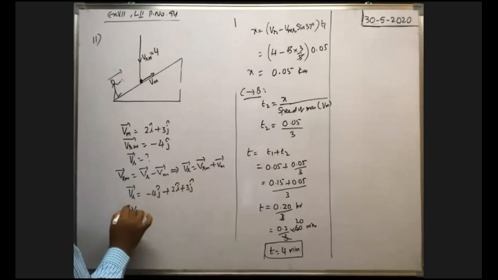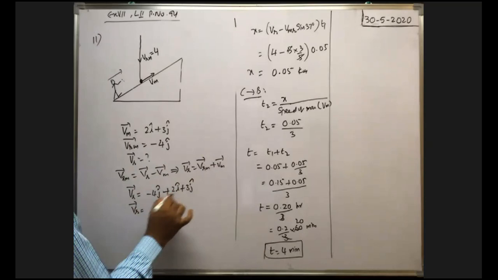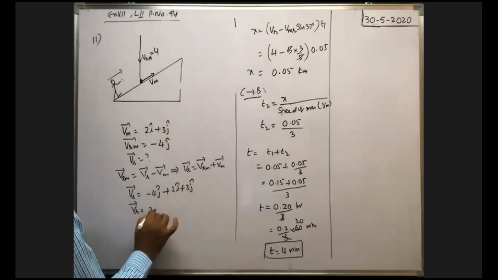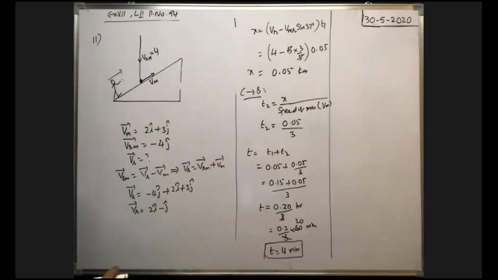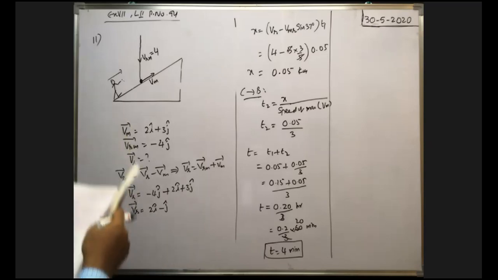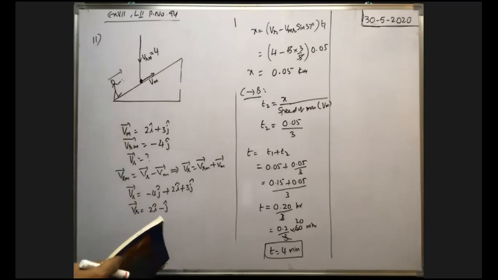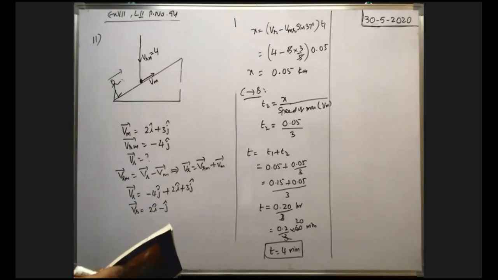Therefore Vr bar is equal to 2i plus 3j minus 4j, that is 2i minus j cap. It is the actual velocity of the rain. But here they didn't ask that one. From this information, we got the actual velocity of the rain. If the man starts running downwards with the same speed, find the relative speed of the rain with respect to man. Okay, next.